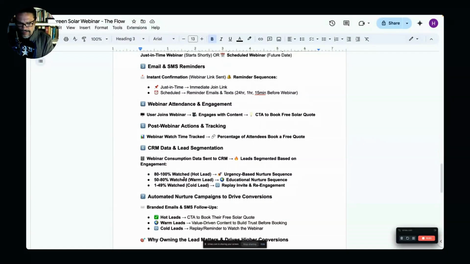Well, understand the call to action happens at a 50% mark, or maybe even a little earlier. So if the call to action was presented, but they did not book, but they stuck around for 100%, that individual is engaged. That individual is really interested. That individual was drawn in by what you're saying, and they're exposed, right?